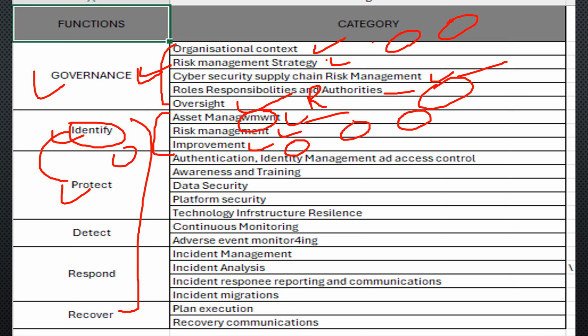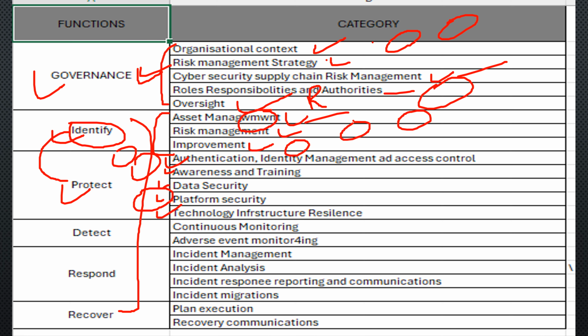How many network devices are there, how many assets in terms of software and hardware, how many devices are attached in an organization, we need to protect. How to protect? By authentication, awareness training, data security, platform security, and technology infrastructure resilience, that is the business continuity. I hope it's very clear.